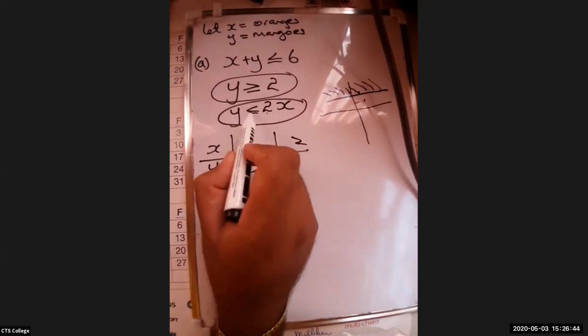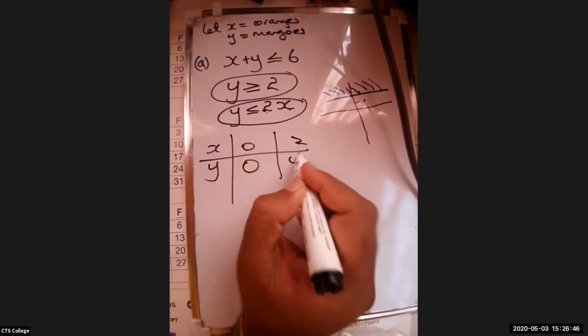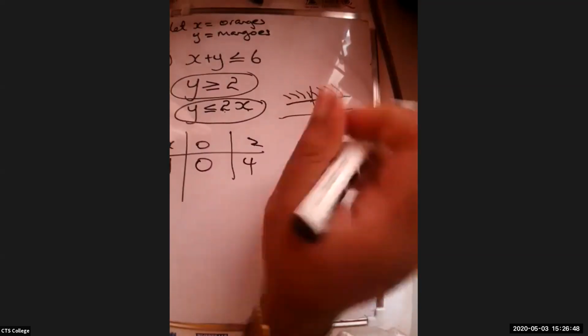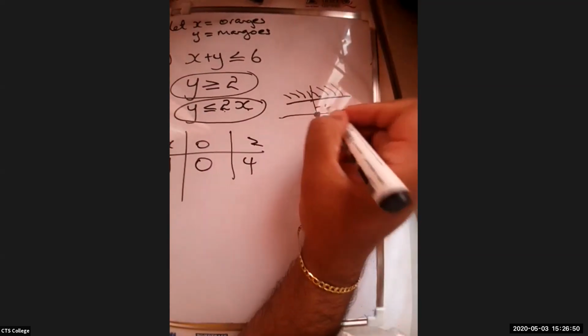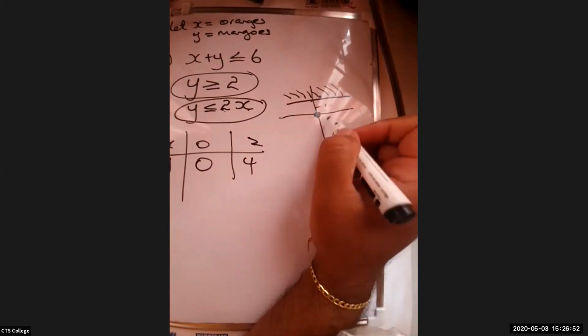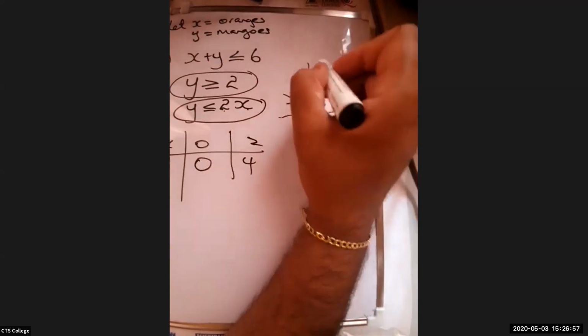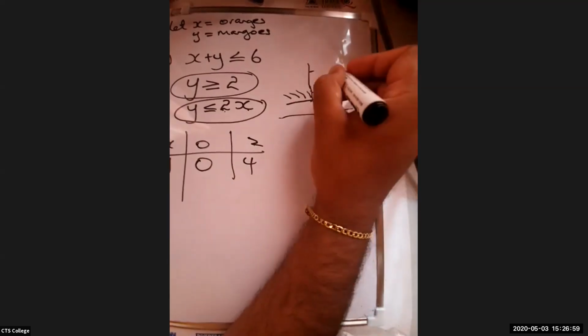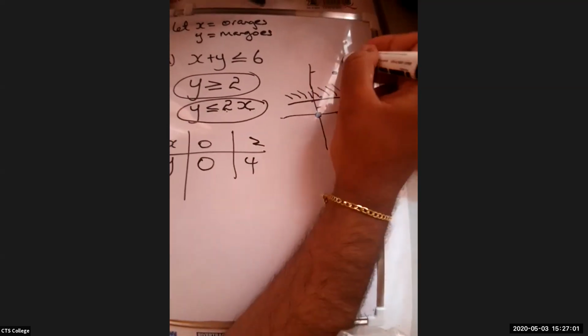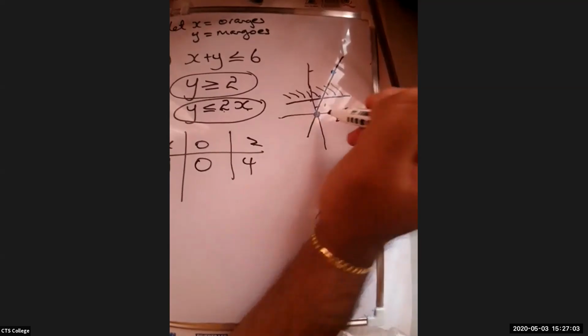When X is 2, 2 by 2 is 4. So 0, 0 will be this point here. And of course, 2, 4, 2 on the x-axis, which will be somewhere here. And 4 will be somewhere up here. So 2, 4 will be here, somewhere there. So we draw a line coming down here.